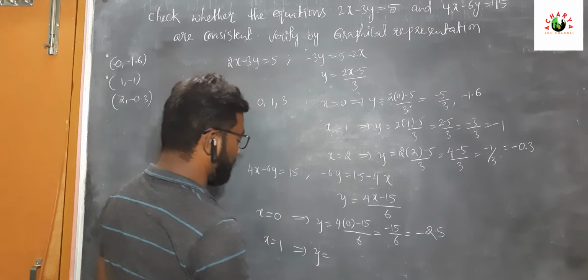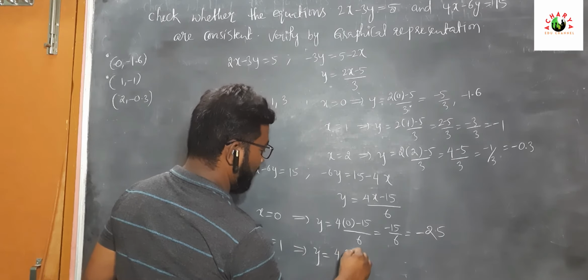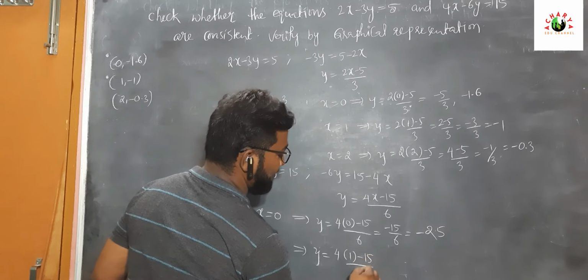y is equal to 4 of 1 minus 15 by 6, that is equal to 4 minus 15 by 6, minus 11 by 6. What is the value of minus 11 by 6? 6 1s are 6, the remainder is 5. 6 6s are 36, 6 7s are 42, 6 8s are 48, minus 1.8.